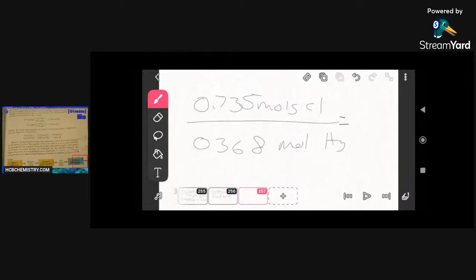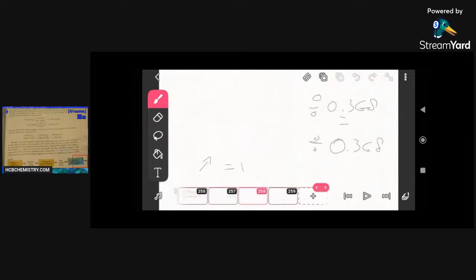And when you divide this number by this number, you'll get 1, right? So divide every number by 0.368, divided by 0.368. That's going to give you a ratio of 1 right here, and 1.99 here.